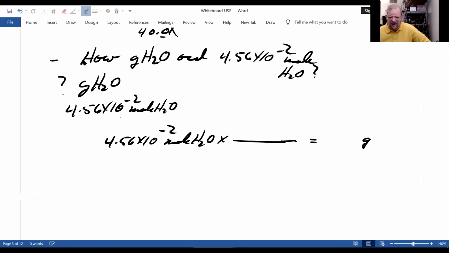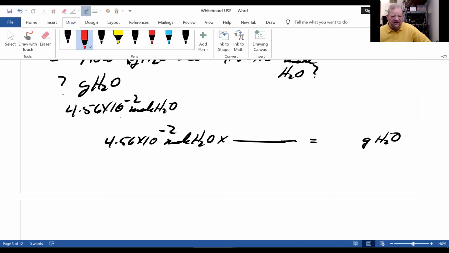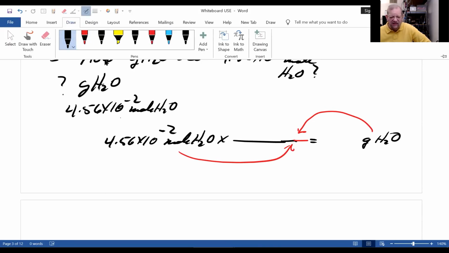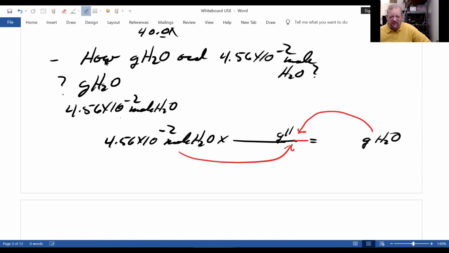I want to get to grams of water. Now I use my good buddy, my good friend, unit analysis. Whatever I'm trying to get to goes on top of this ratio. Whatever I'm trying to get rid of goes underneath. And here, this would be grams of water. This would be moles of water.